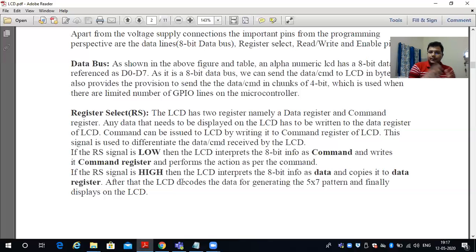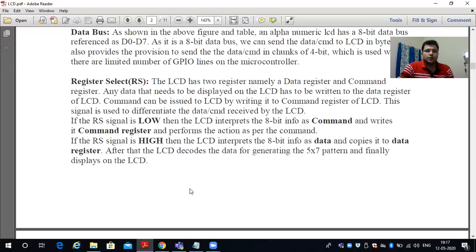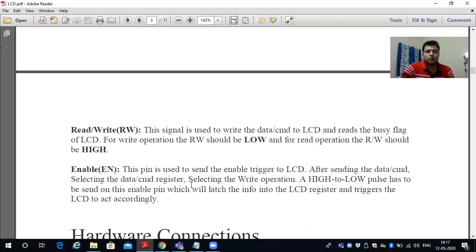So if the RS signal is low, then the LCD interprets the 8-bit info as data. Otherwise, it would interpret it as a command, and subsequently whatever is over the data line will find its position depending on the RS, either in the command register or in the data register. So that is all about the RS signal.